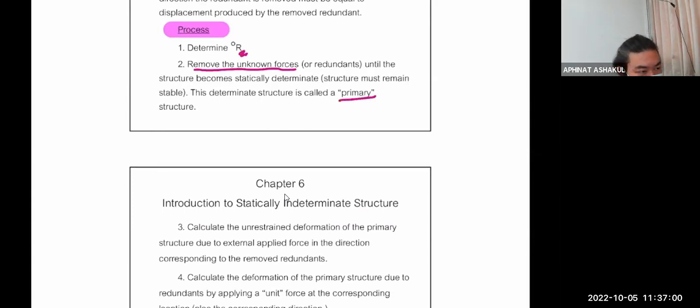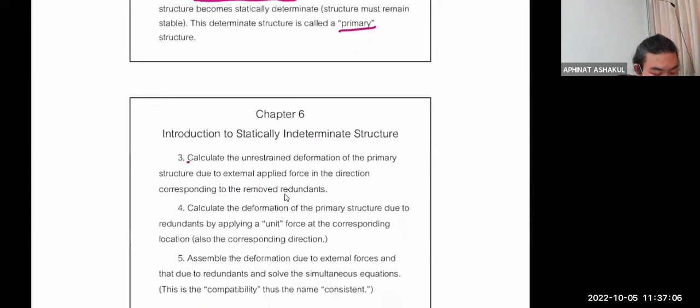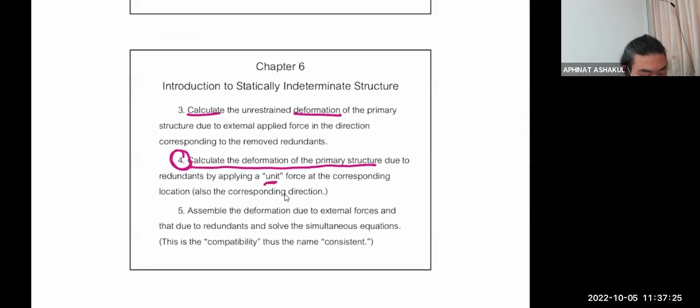But you have to make sure that your primary structure is safe and stable. And then calculate the deformation after you remove the redundant. Then calculate the deformation of the primary structure due to the redundant or the reaction removed. And then assemble by using the compatibility.